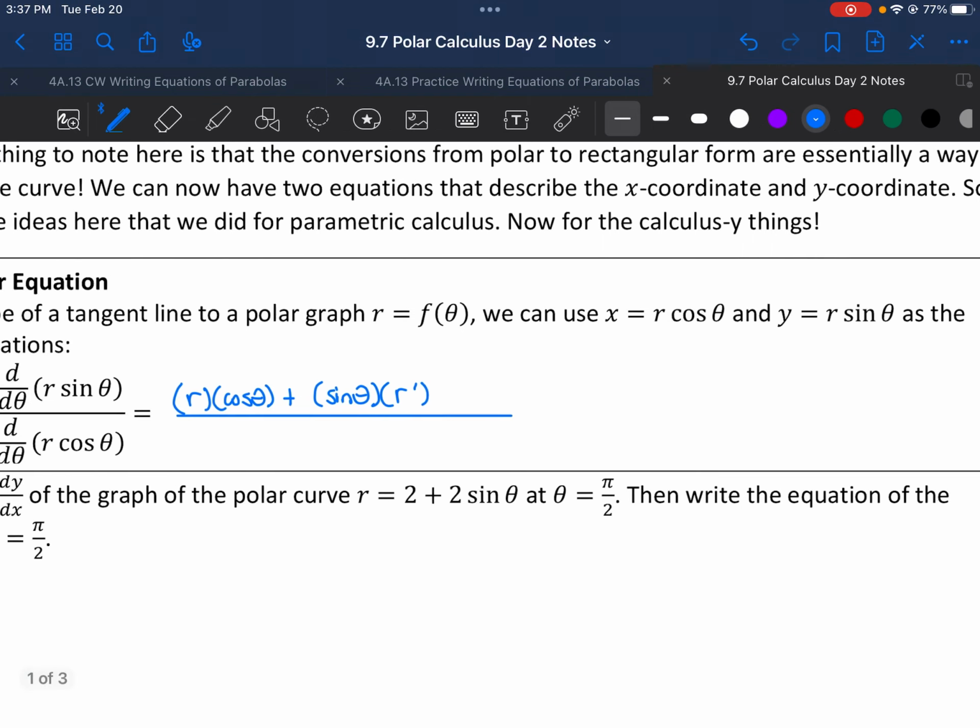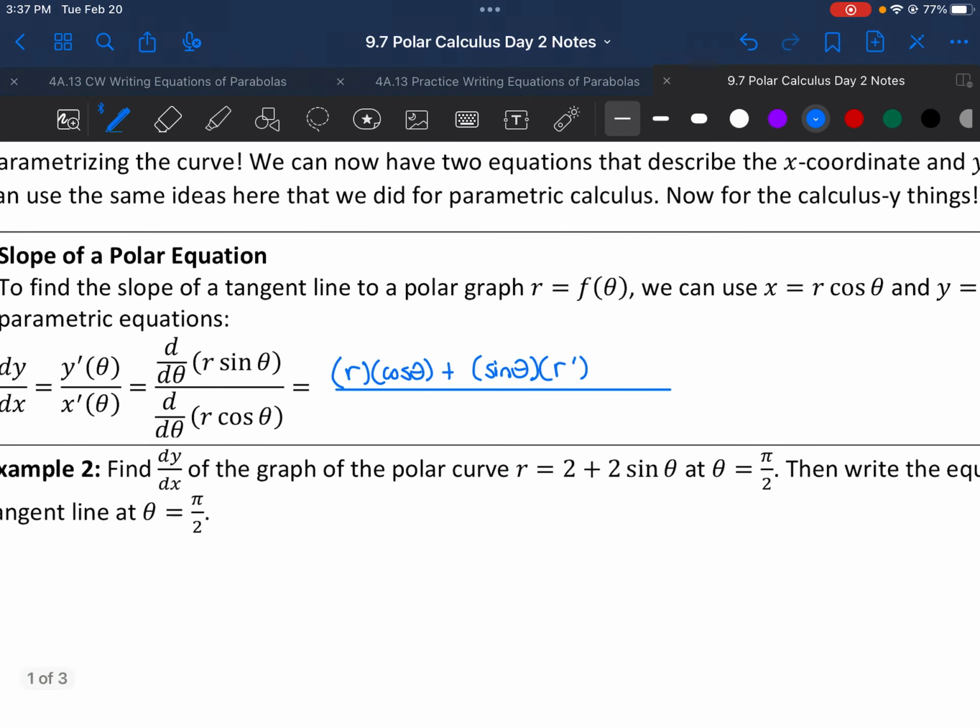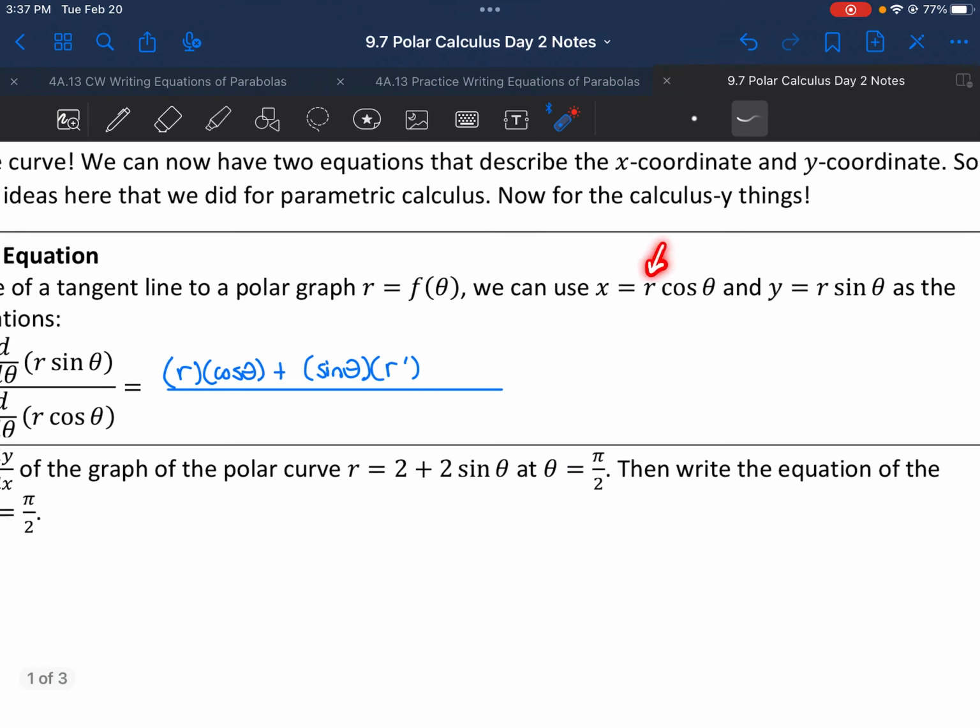Now we're going to do the same thing. We're going to take the derivative of x with respect to theta. So same deal. x is r times cosine theta. r itself is already a function of theta, and cosine of theta is a function of theta, so we're going to have to apply the product rule when we take its derivative. So using the product rule, first thing, r times the derivative of the second function.